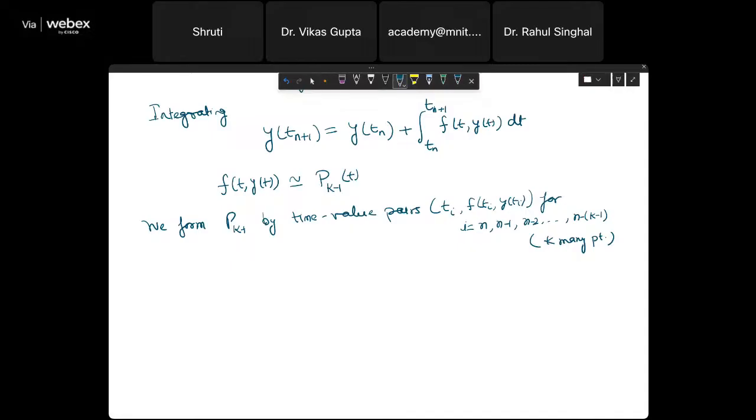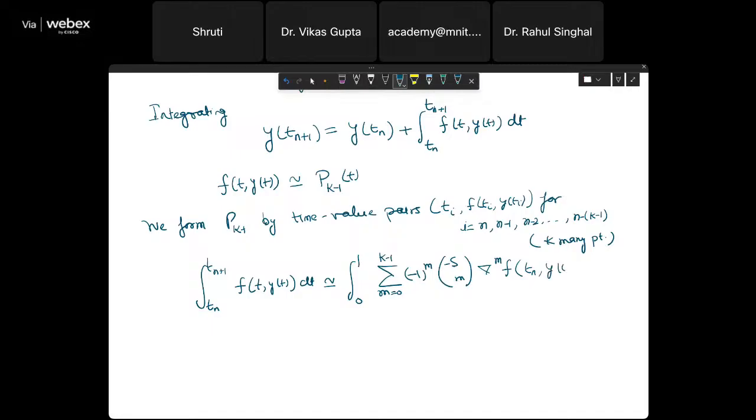So here the integral from tn to tn plus 1 of f(t, y(t)) dt will then be approximated with the integral from 0 to 1 of the summation over m going from 0 to k minus 1 of (minus 1) to the power m, times minus s choose m, the binomial coefficient, then nabla to the m, the mth order difference, of f at (tn, y at tn), into h ds.